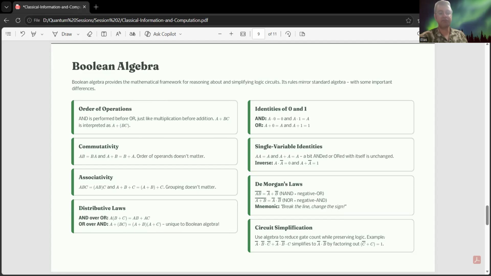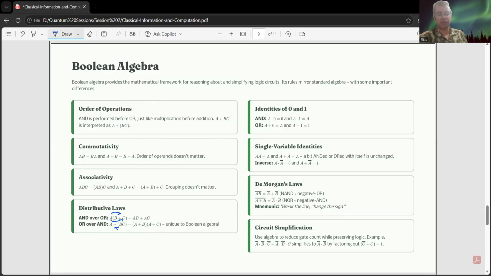And we have the distributive law, which means if you have A multiplied by B plus C, you can distribute A over this parenthesis. So you multiply A by B, and then plus, you multiply A and C. Or you can do the same operation with OR, because the plus sign is an OR operation.